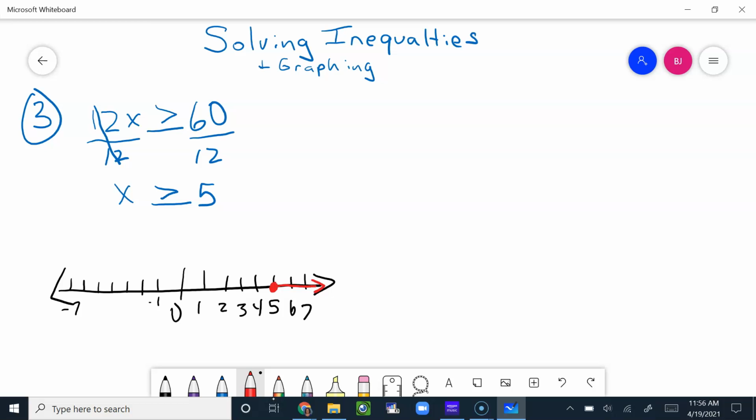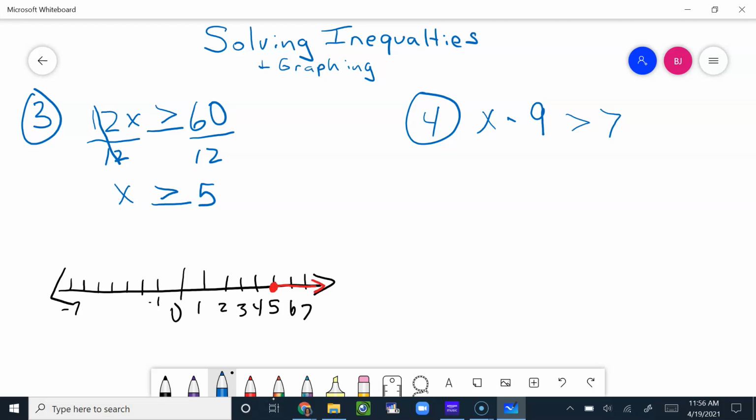Our final one is number 4, and that would be x minus 9 is greater than 7. Well, this once again is just like any other equation.